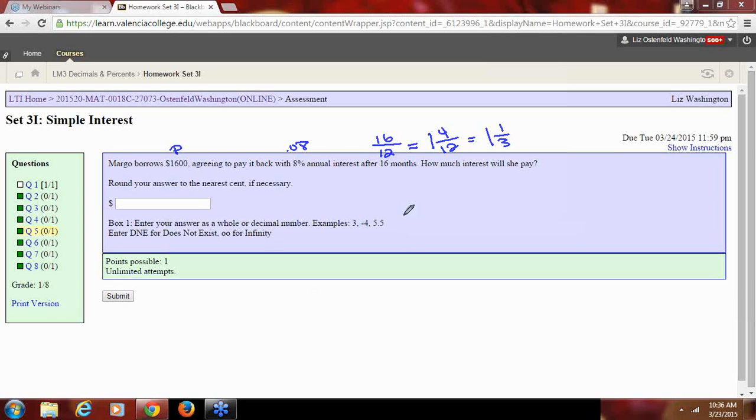But I would just leave it as a fraction, if you could. Okay, so I'm going to have the interest is 1,600 with 8%, and then I would just write it like that, because sometimes the decimal will get too long, you know.